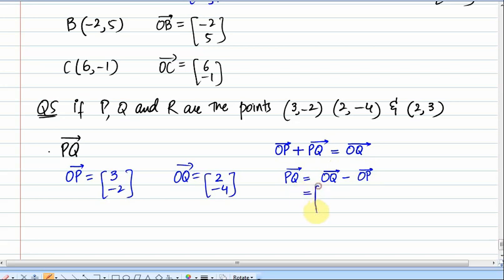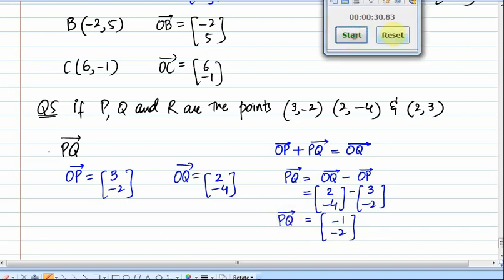The column vector of OQ is (2, -4). The column vector of OP is (3, -2). Gives you the value of 2 minus 3, -1, and -4 plus 2, it's -2. So that is the column vector of PQ.